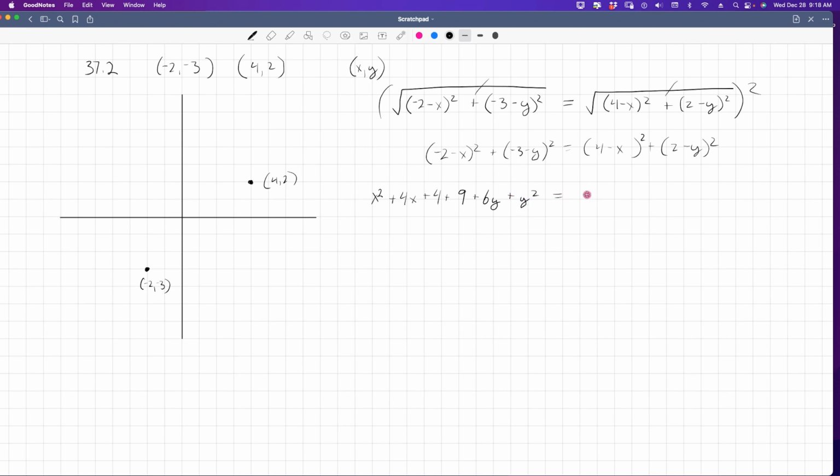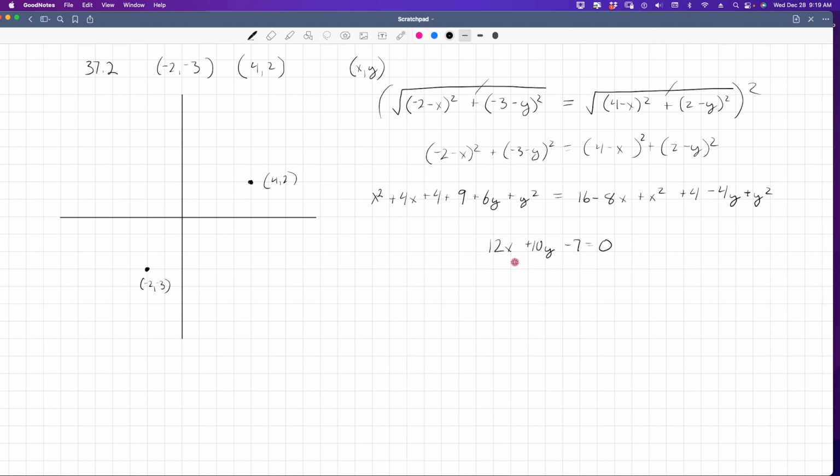And on this side, we would have 16 minus 8x plus x squared plus 4 minus 4y plus y squared. When we combine everything, we end up with 12x plus 10y minus 7 is equal to 0.